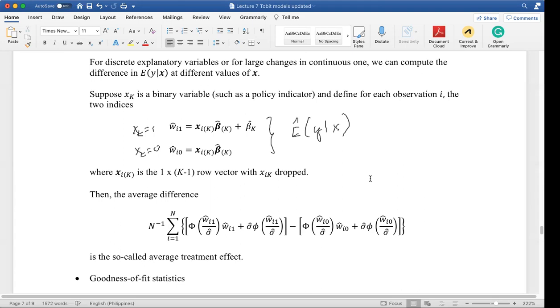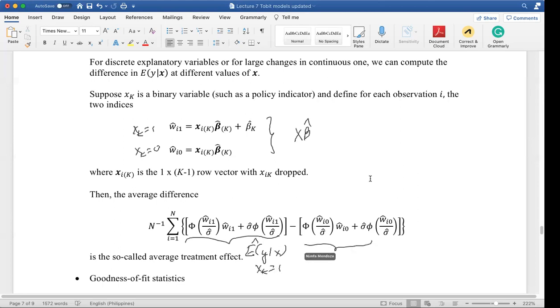Okay, so if you look, oh no, sorry, this is the predicted value for x beta hat. Okay. So that is x beta hat. Okay, and this is the expected value of y given x when x sub k is equal to 1.